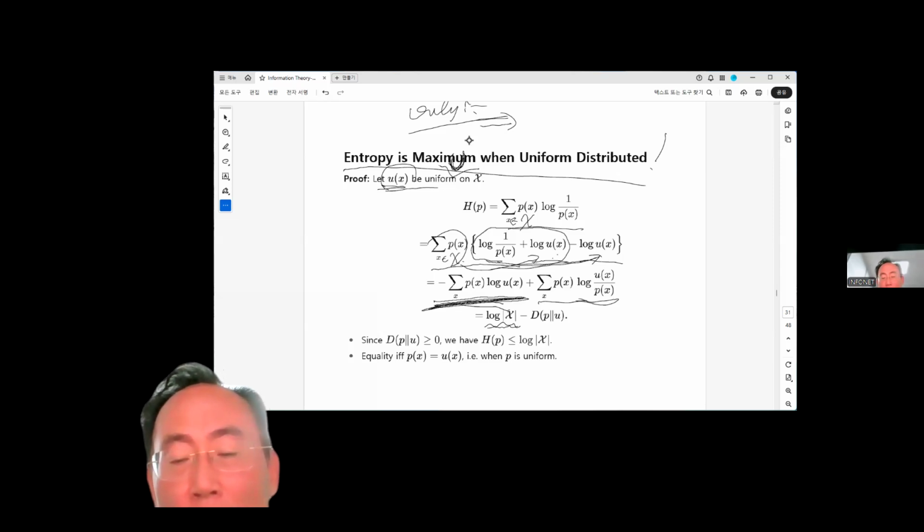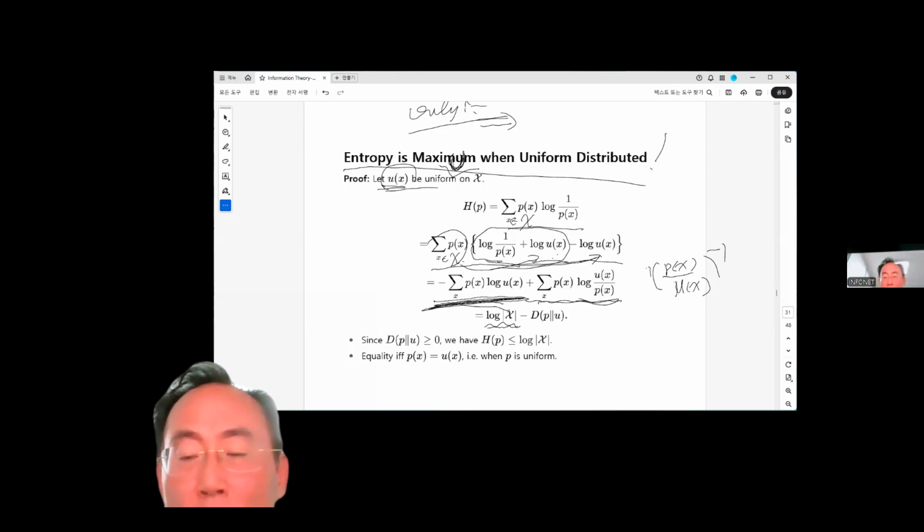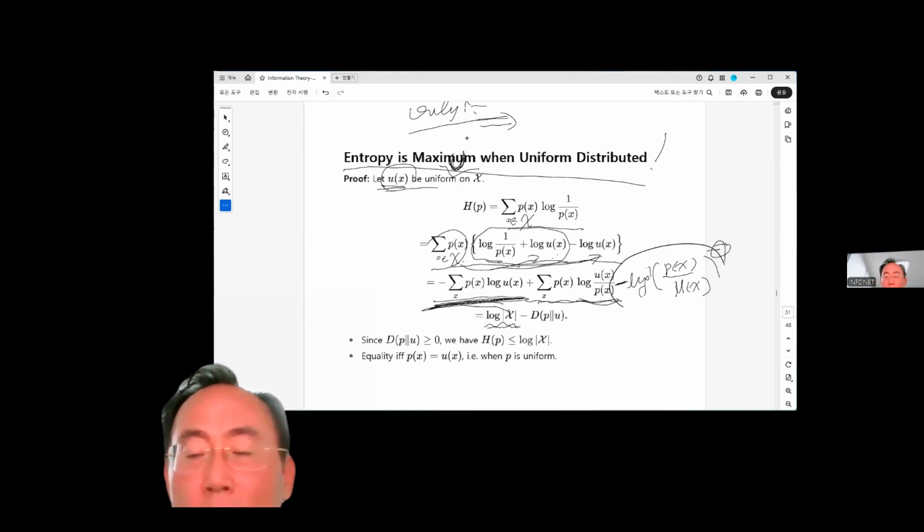What about this one now? This part is p_x over u_x inverse, so I have a log and I can bring the negative sign outside. Replace this with this.